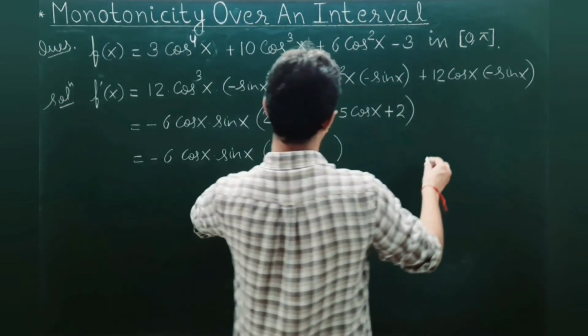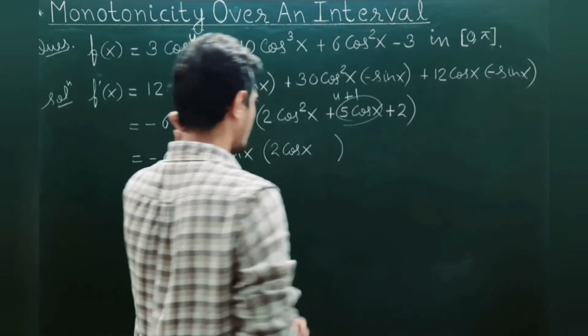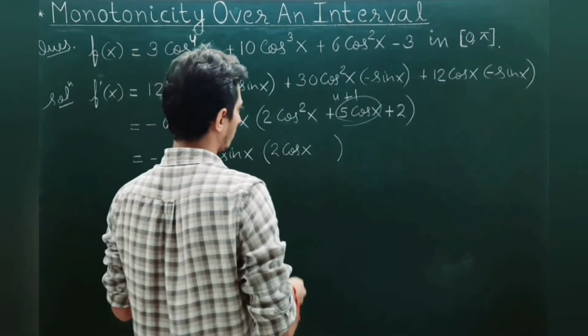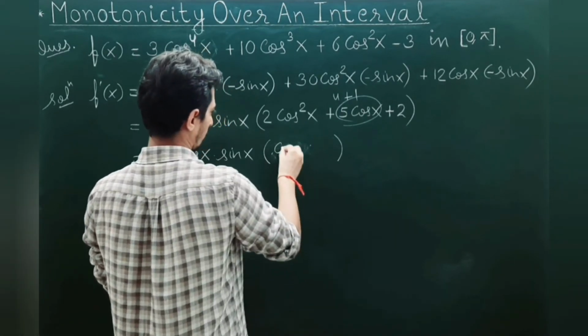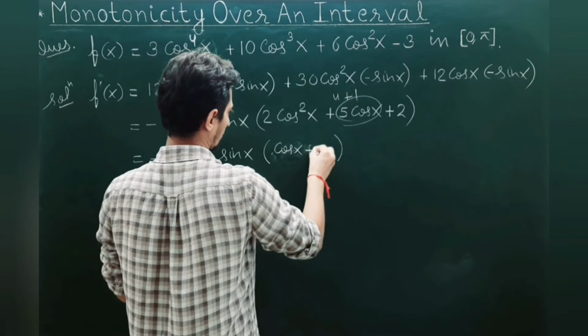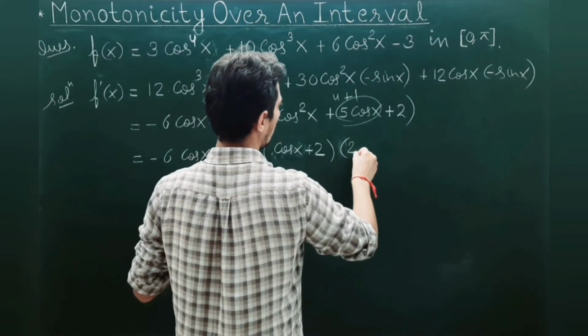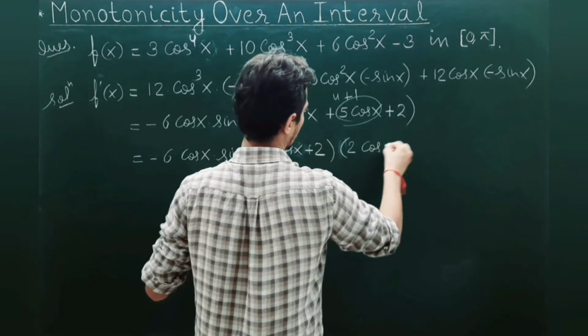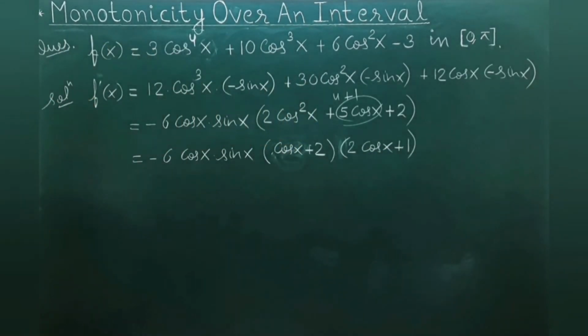Factorize it for me. It will be 4 plus 1, so 2 cos x common, so I will be left with cos x plus 2, and the next factor will be 2 cos x plus 1, right? I hope I'm right.